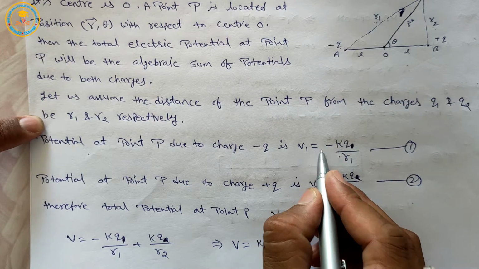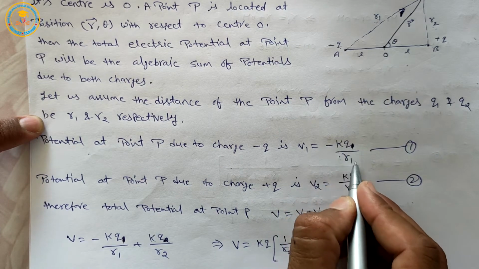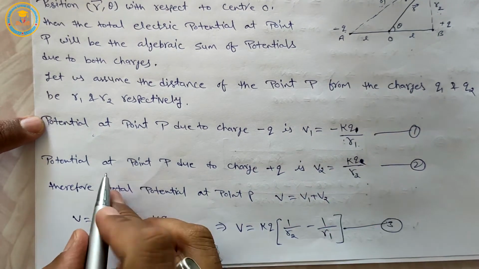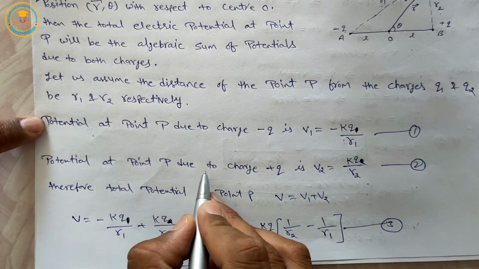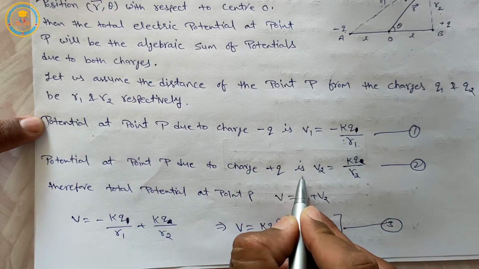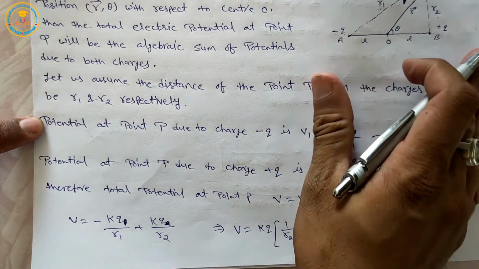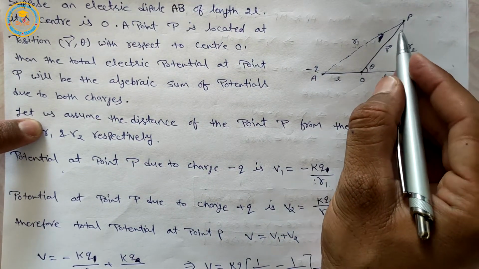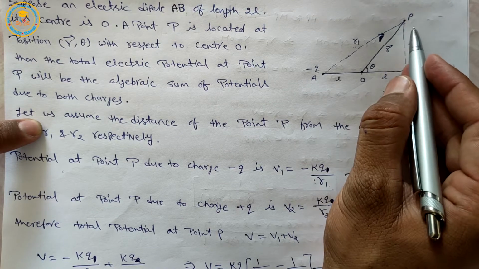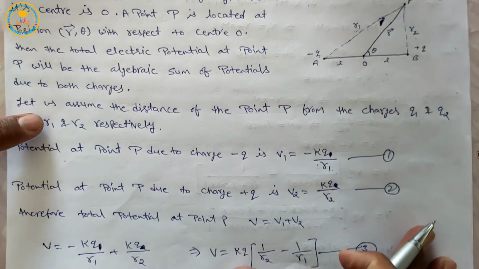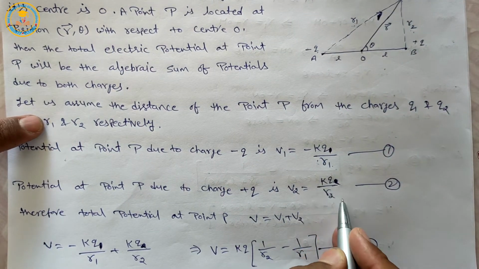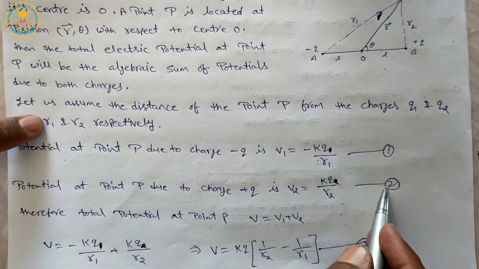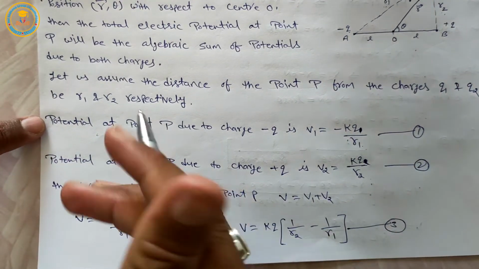So V1 is equal to minus kq upon r1, and potential at point P due to charge plus q is V2. Due to this charge being positive, the electric potential is also positive. So V2 is equal to kq upon r2. This is equation 1 and this is equation 2.